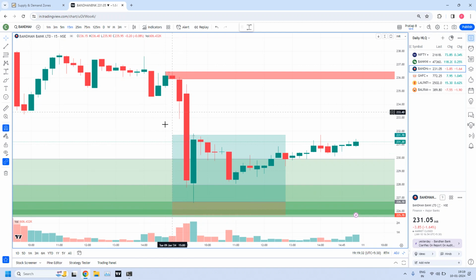And if you calculate the risk reward from here till this 15 minute supply zone, the RR is 1 is to 10. Even if you calculate the ROI as per one future slot, it is close to 13%. Achieving 13% ROI during the intraday is not practical.